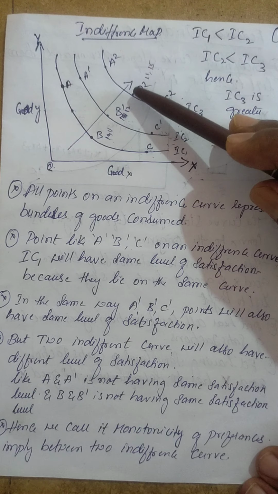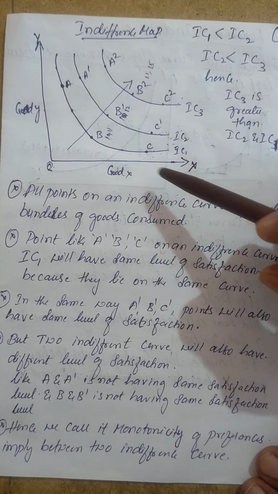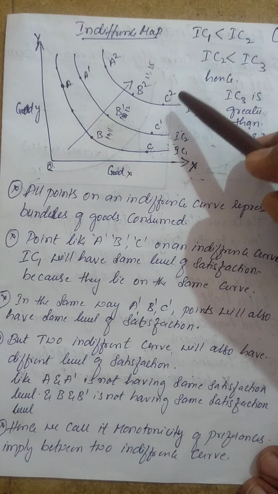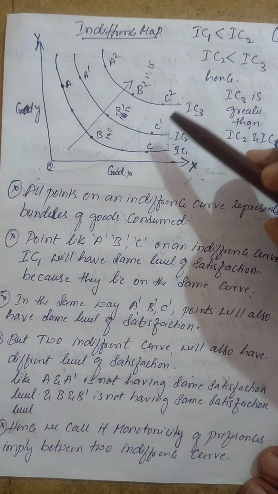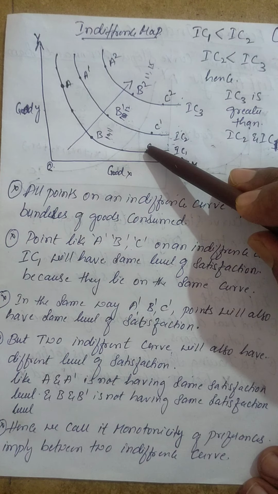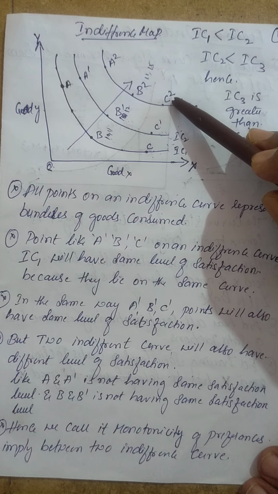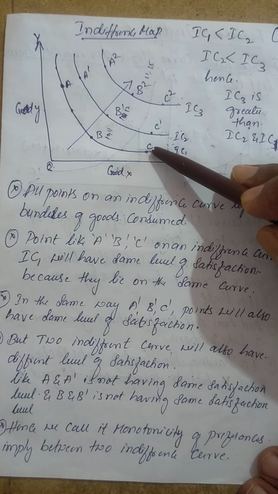That means this is the maximum level of satisfaction curve, we can say. So the indifference map is a combination of different indifference curves. Be very clear, it is different indifference curves.